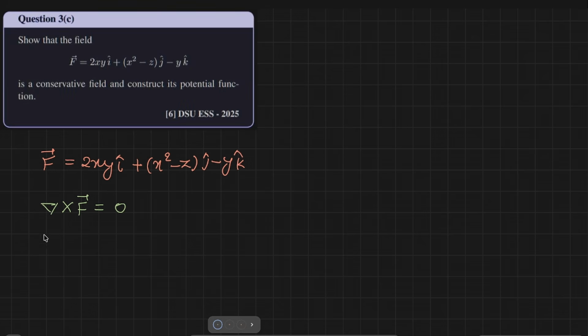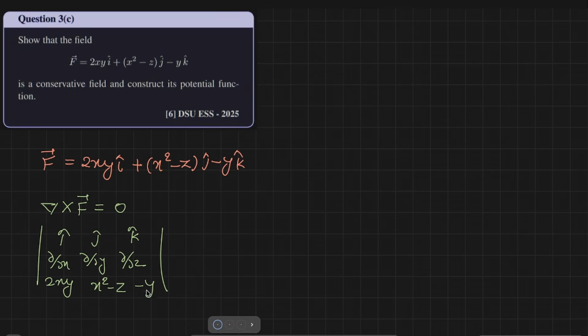How to find that the curl is 0? That's simple. Curl is equal to the determinant with i, j, k, then dou by dou x, dou by dou y, dou by dou z, then 2xy, x square minus z, and minus y.